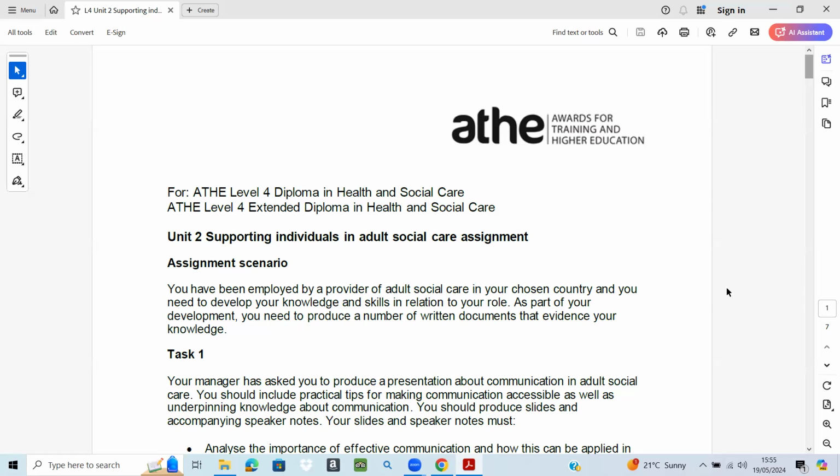Then in learning outcome 3, we discussed mostly addressing the conflicts or dilemmas between individual rights and the duty of care in adult social care settings. This necessitates a balanced approach that honors the autonomy and choice of the service user while prioritizing their safety and well-being by embracing person-centered approaches, clear policies and procedures, collaborative decision making, open communication, and mediation or advocacy services.